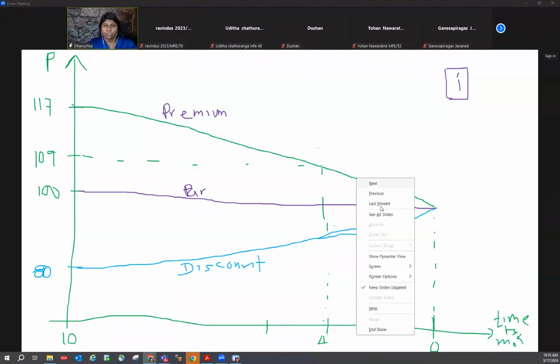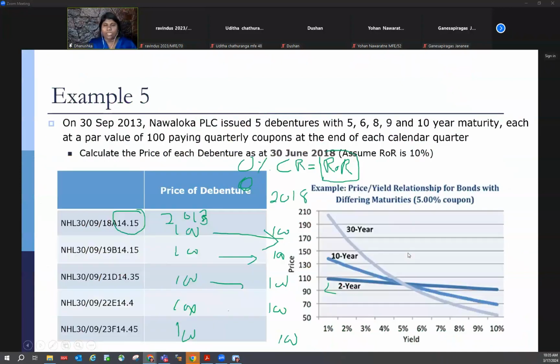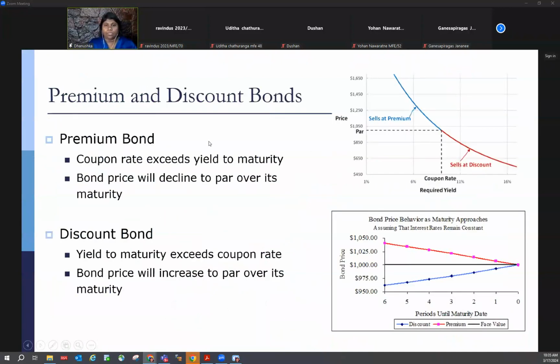So this was actually the slide that we jumped earlier. This is what is shown in the slide. Here, the example that they have taken is 6 more years to go. You have a par bond, premium bond, and a discount bond.